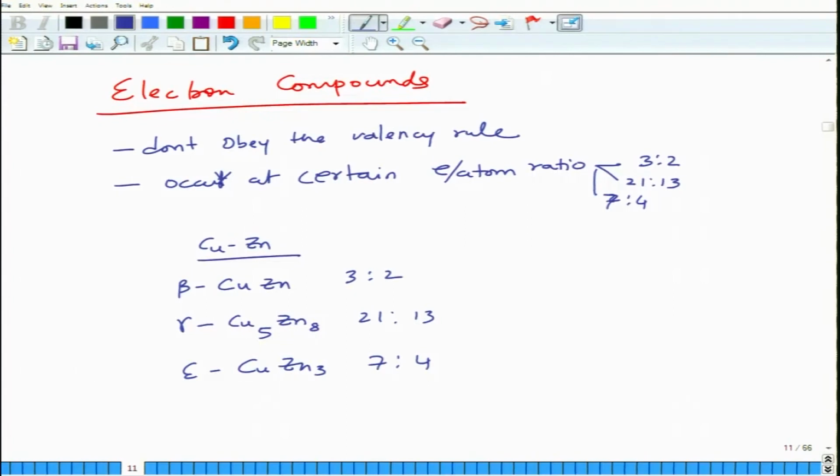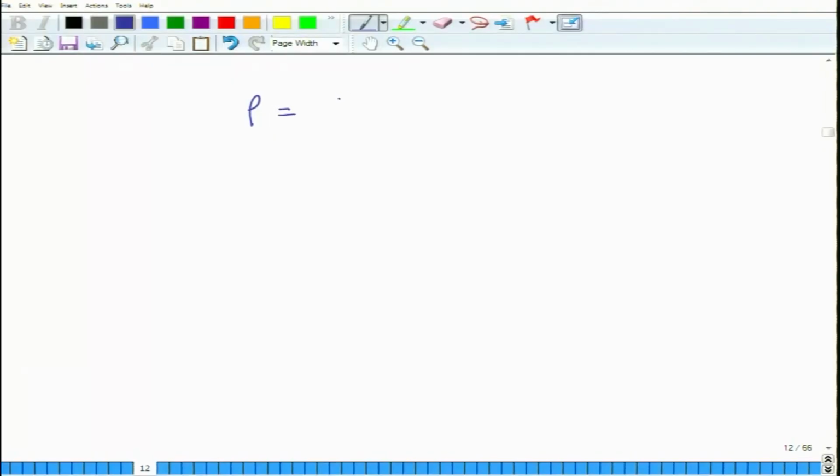So what we have looked at is various types of compounds: line compounds, electron compounds, solid solutions, how they follow Hume-Rothery's rule and why solid solutions form and what the guidelines are. Finally, the theoretical density of a material is given as nA divided by VcNA, where n is the number of atoms per unit cell, A is the atomic weight, Vc is the volume of the unit cell, and NA is the Avogadro number.